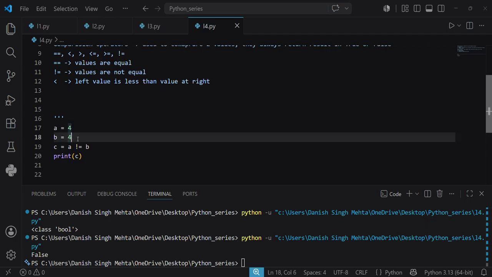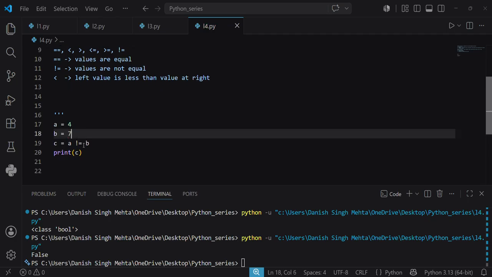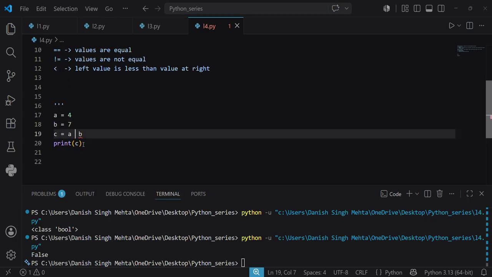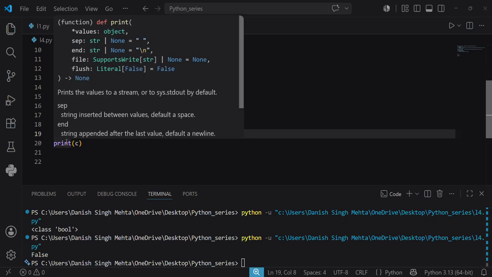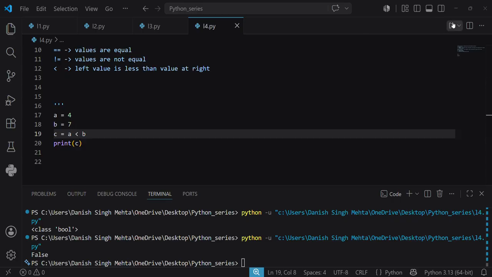If I give an example, if I here write 7 and here I do this, I am saying here that A is less than B. So is A less than B? A is 4, B is 7. So yes, A is less than B. So its result will be true.